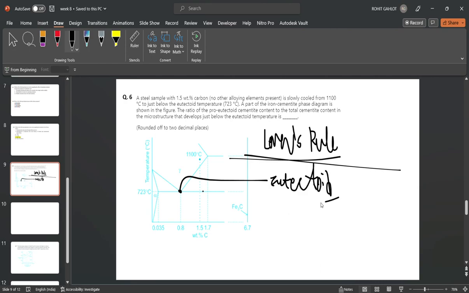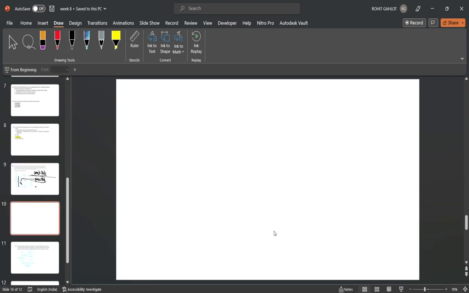Here is the gamma phase, then this is the alpha phase, and then we have the C0 composition. At C2, Fe3C is forming.